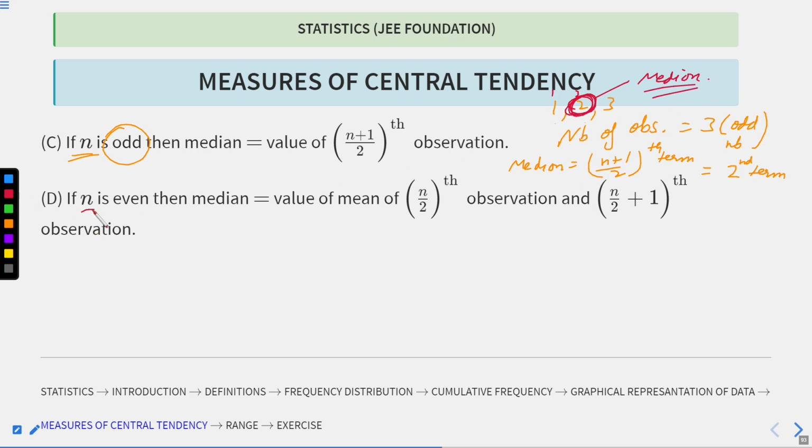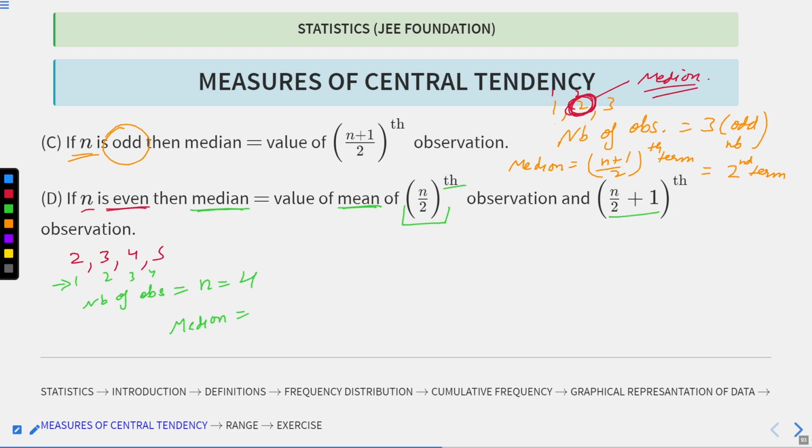Now if n is even, let's say I have observations 2, 3, 4, 5. So here n is even, the number of observations n is equal to 4. In this case the median is the mean of the n by 2 th term and the n by 2 plus 1 th term.